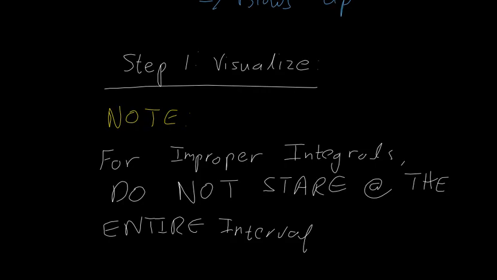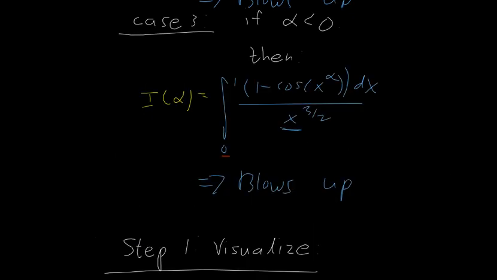Entire interval, please do not do that. It's very important. Find the dangerous endpoint. The dangerous endpoint here is at 0, because if you put that limit of integration for all x down here, well, that's where the important things happen. Right here, the dangerous endpoint is 0.